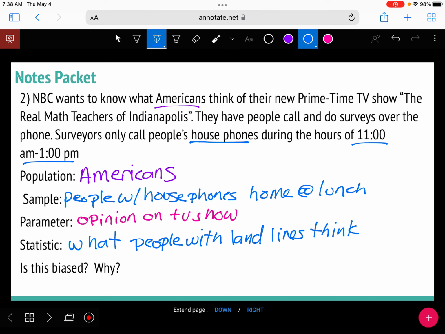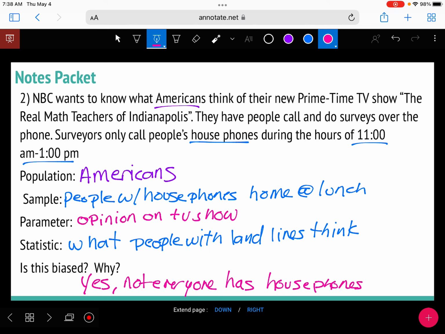Is this biased? Yes. Why? Not everybody's got house phones. And they're not calling the time the show runs.